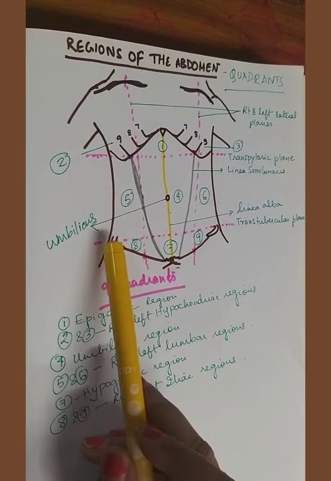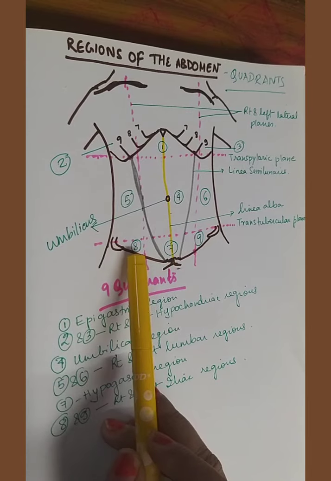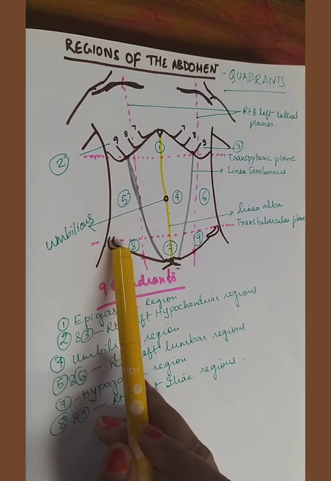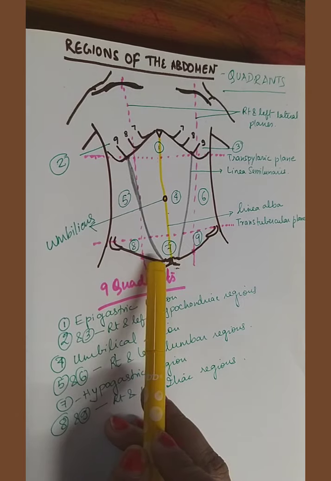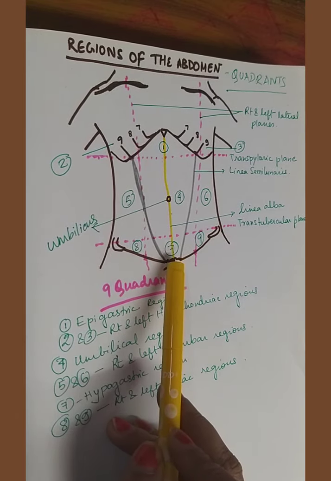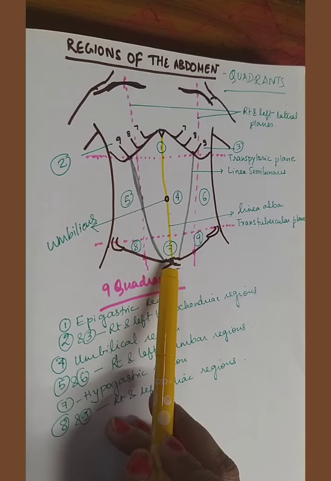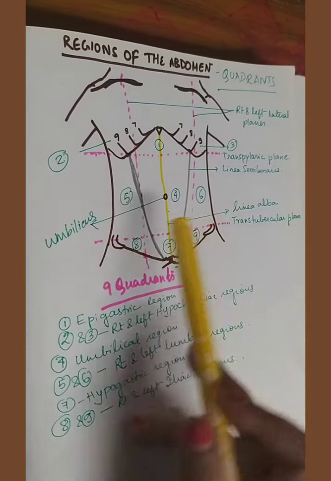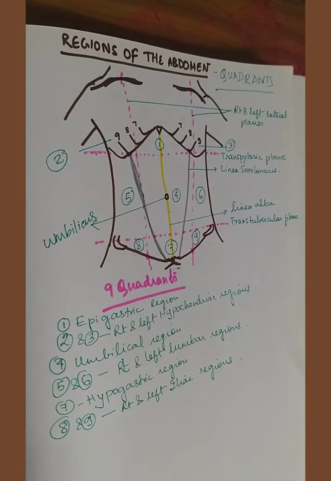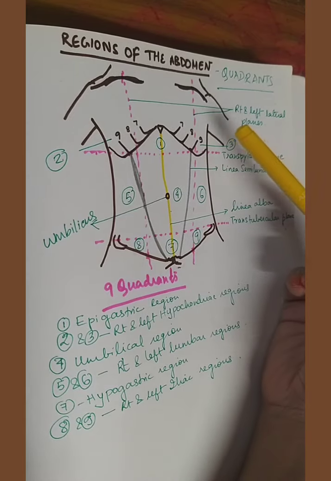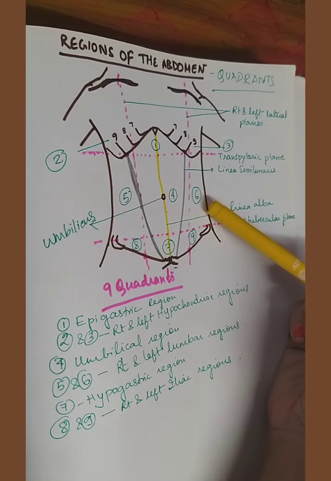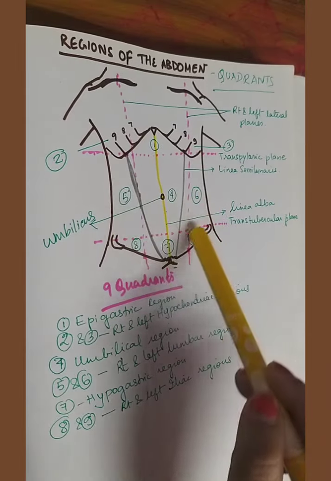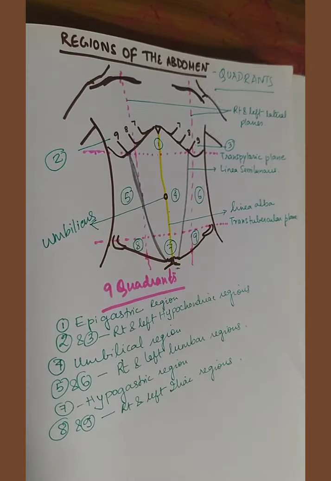Below, for both sides, it is limited by the iliac crest, fold of groin, the pubic tubercle, pubic crest and the symphysis pubis. Same for the other side. And laterally, the anterior wall is separated from the posterior abdominal wall by the downward prolongation of the mid axillary line. This is the region of the anterior abdominal wall.